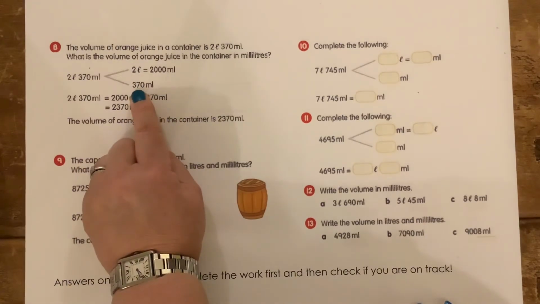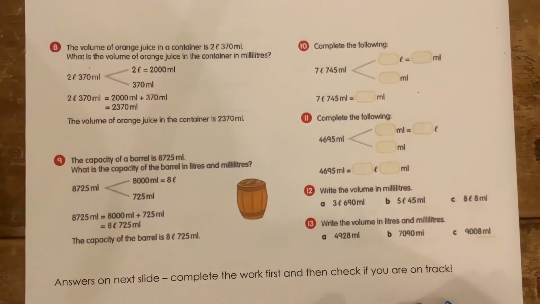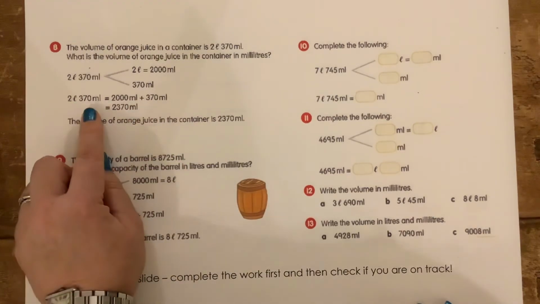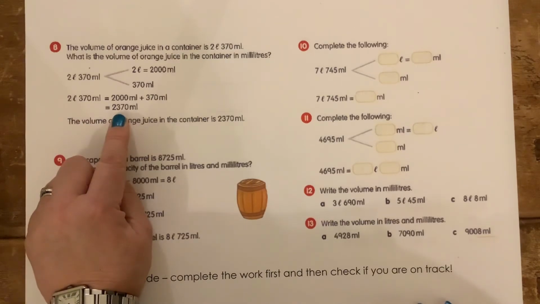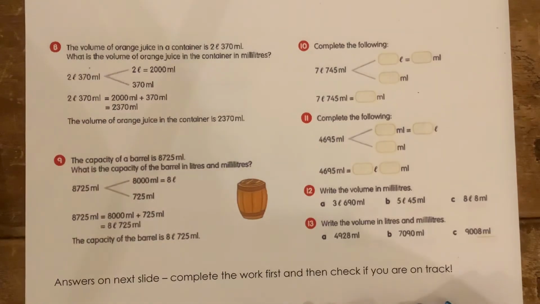We add that back onto the 370 millilitres, so I know that 2 litres, 370 millilitres is the same as 2,370 millilitres.